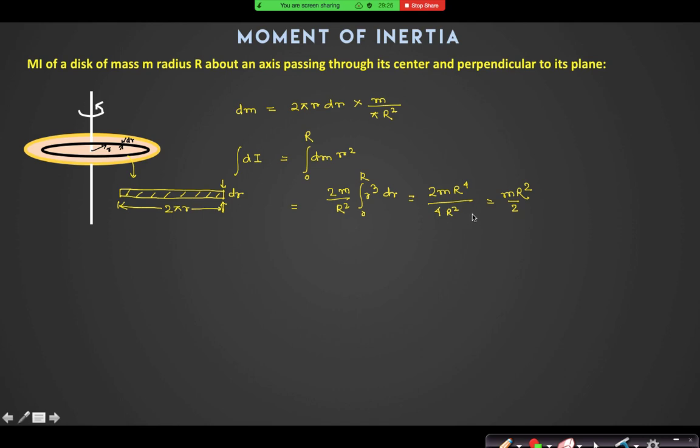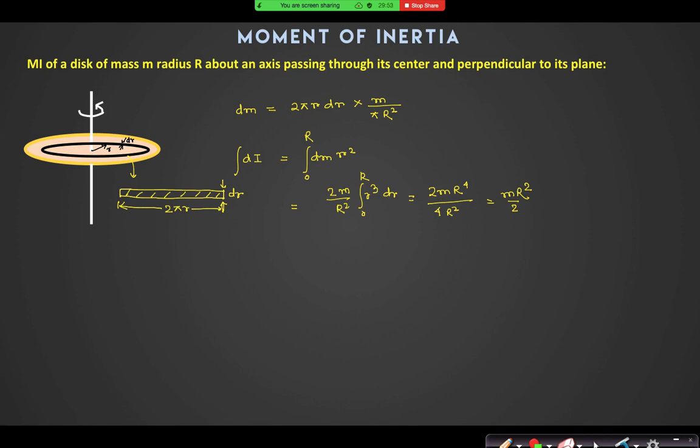Can you tell me why, if you have the same mass of disk and ring, the disk has a lower value? Look, the reason is very simple. In the ring, all the masses are placed at a distance r from the axis. But in the disk, they lie between 0 and r.